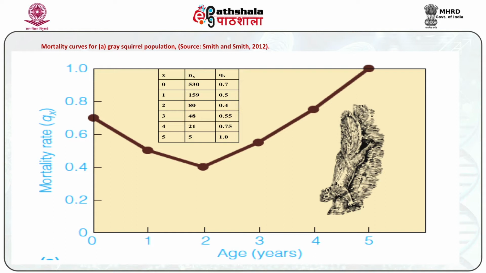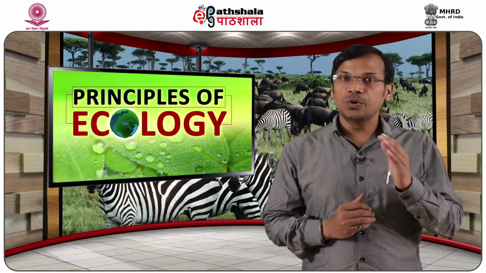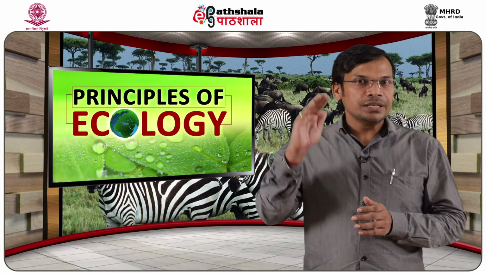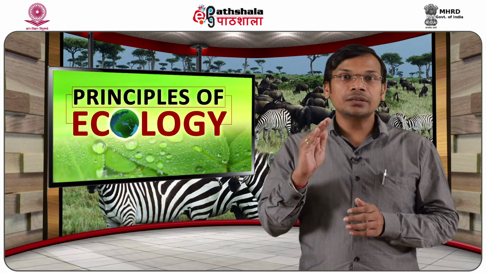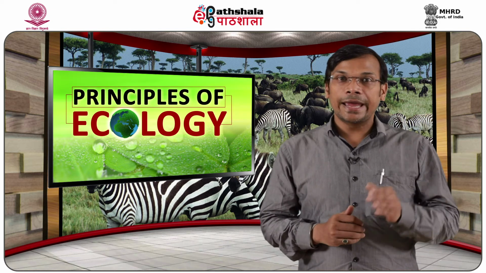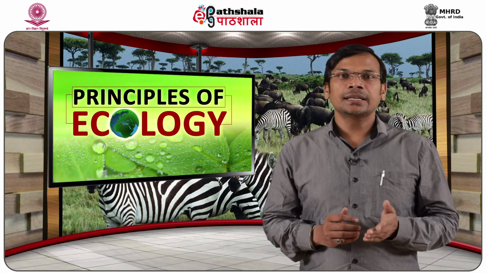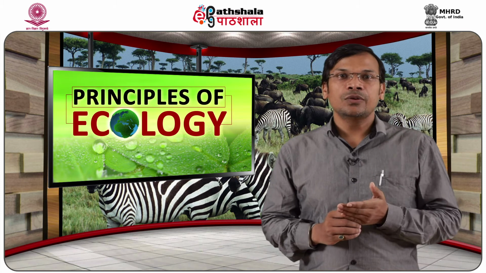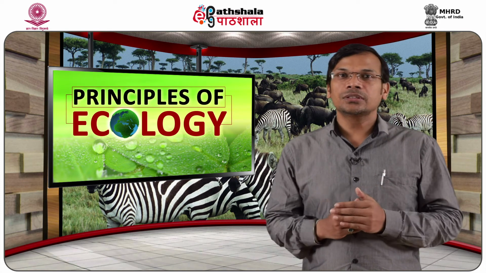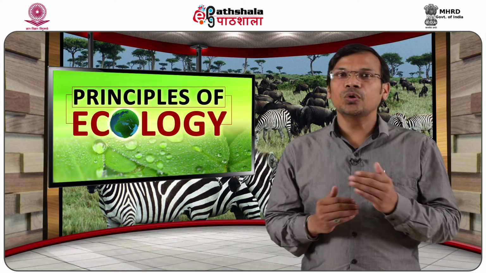The first phase is juvenile phase, where mortality rate is high, and the second phase is post juvenile phase, in which mortality rate first decreases with increase in age, and then starts increasing with age after a period of low mortality.